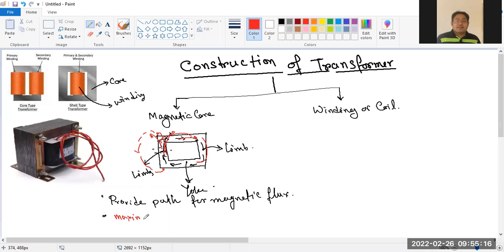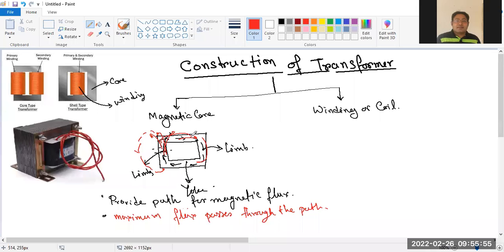So the maximum flux passes through the path. Whenever there is some action, some portion goes to the other side, and this is also a loss.